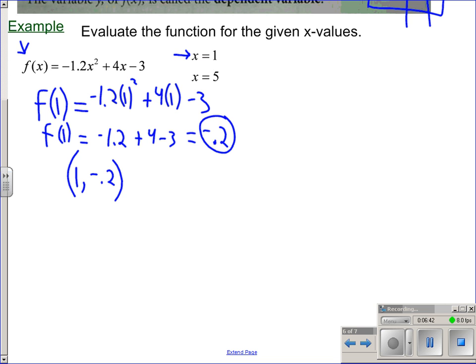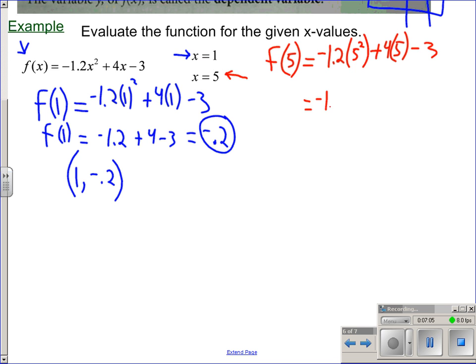Okay. For the x value of 5, it works the same way. The function f at an x value of 5. Wherever you see x, plug in 5. So negative 1.2 times 5 squared plus 4 times 5 minus 3. All right, negative 1.2 times 25. Just do an order of operations. 1.2, that's a negative 6/5 times 25 over 1.